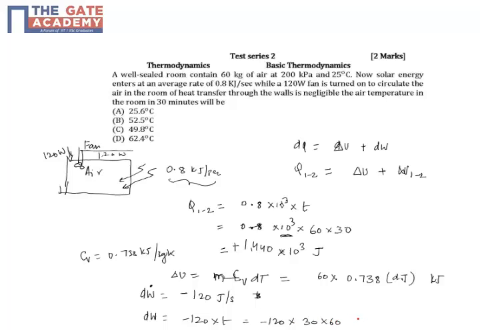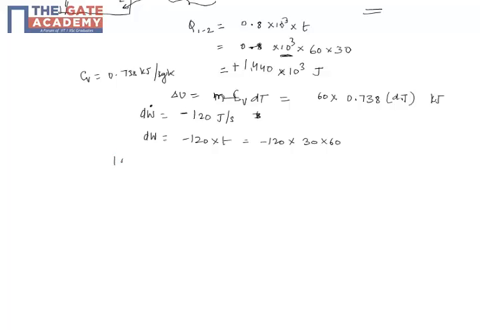If I club all this into the equation, heat is 1440 into 10 power 3 joules, equal to m Cv delta T, 60 into 0.738 dT, remember this is in kilojoules so into 10 power 3, and work done is minus 120 into 30 into 60.